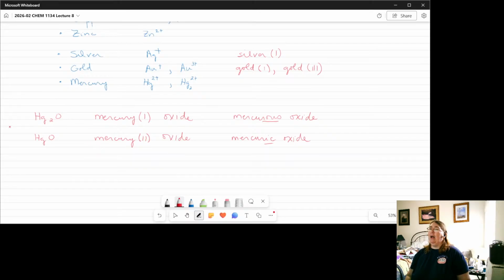Now, while we're here, let's talk about what a mole is, and then also use the periodic table to calculate molar mass.